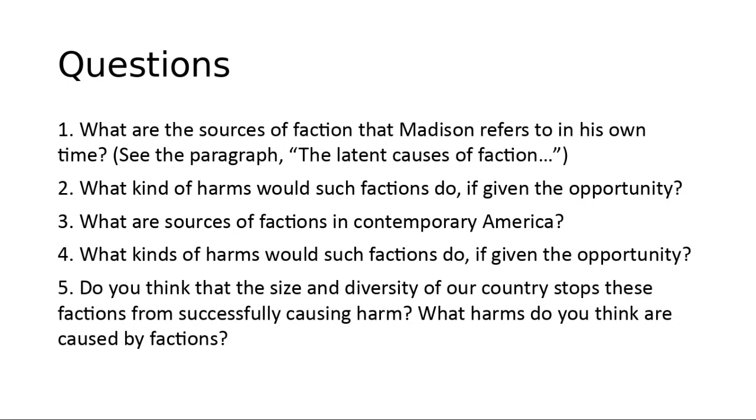Is it their different belief systems? What is it? And then what kind of harms would such factions do if they were given the opportunity? What are ways in which these different groups might trample on the rights of other groups or go against the best interest of the whole if they were given the chance?